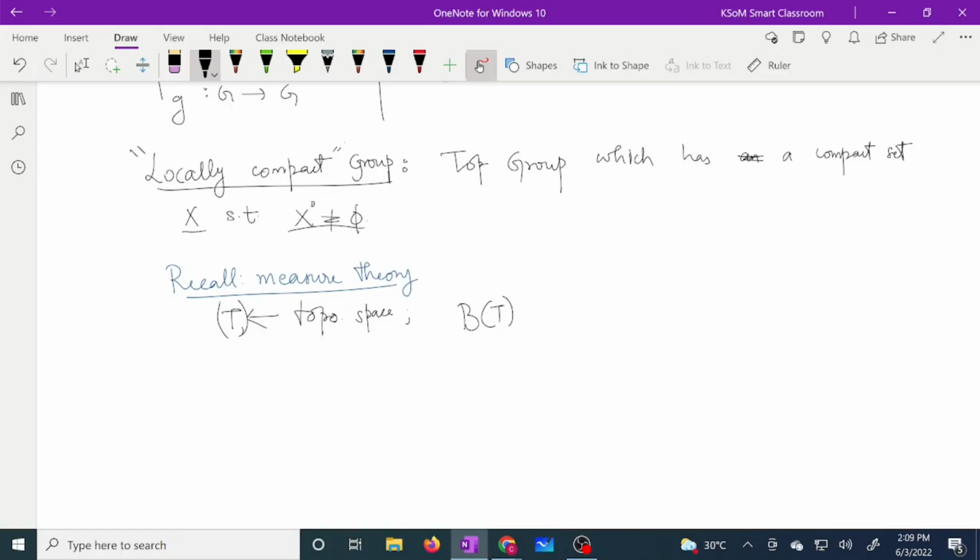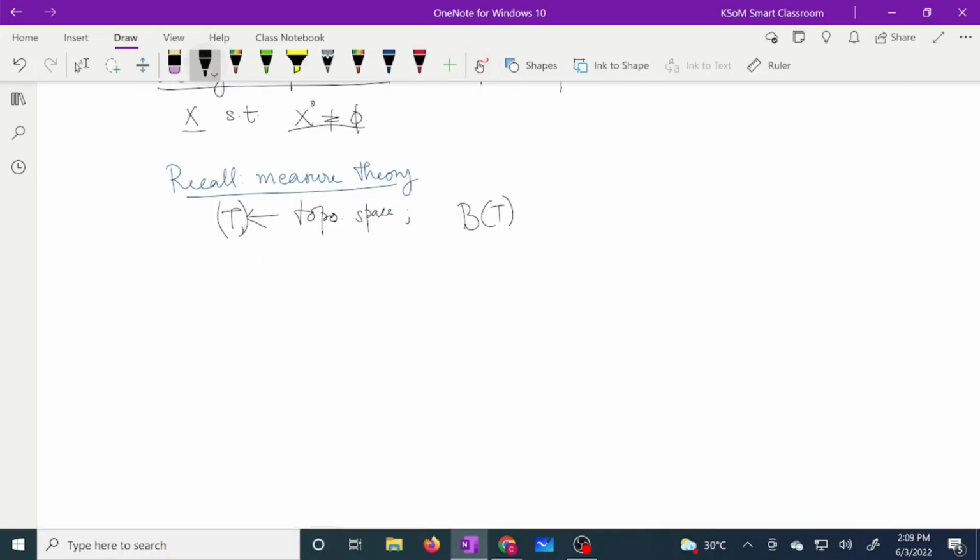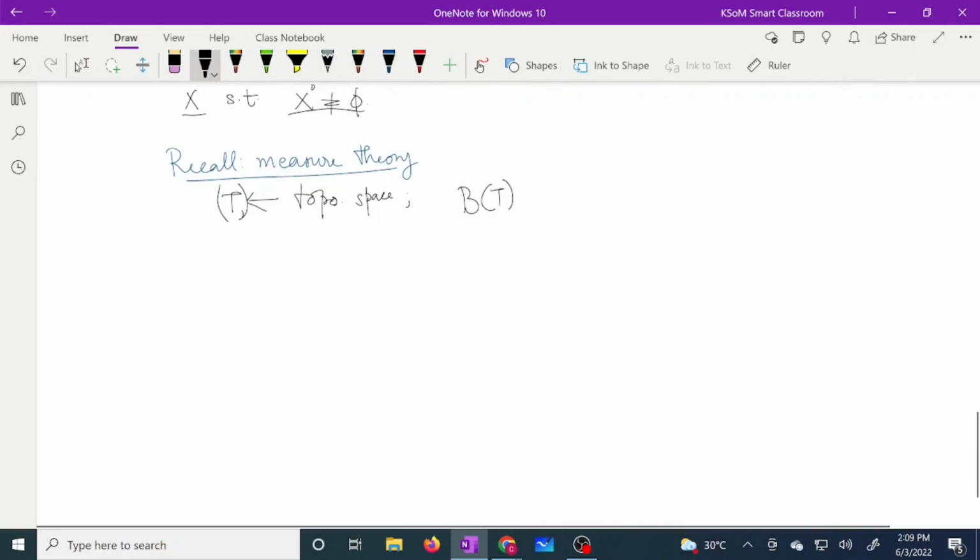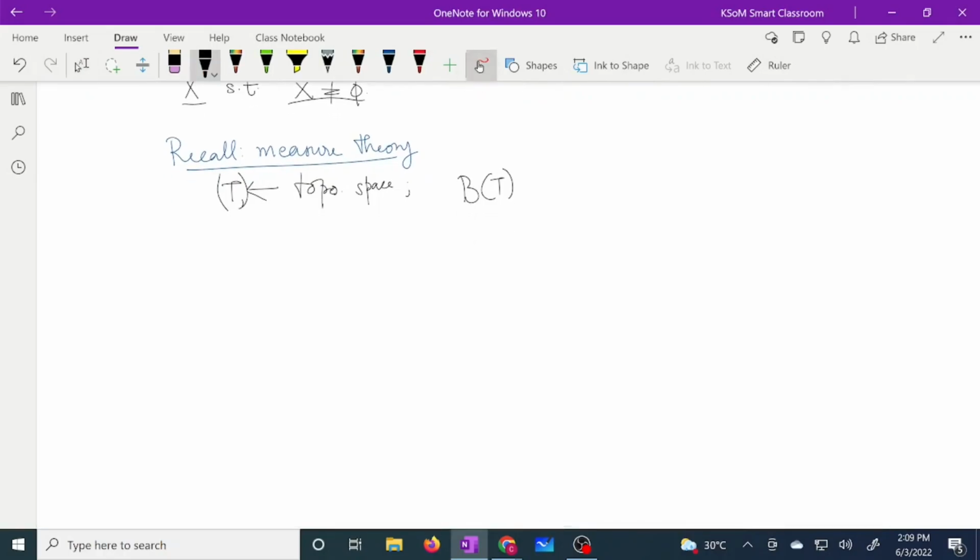Now suppose you have a measure mu on the Borel sigma algebra. So you have a positive measure, we are not going to signed or complex measures. Mu is a measure on the Borel sigma algebra to R plus.